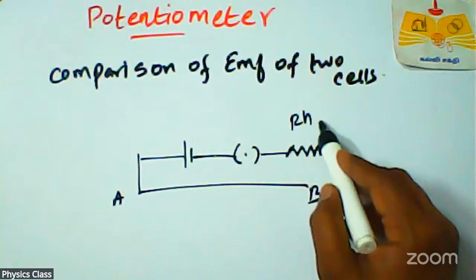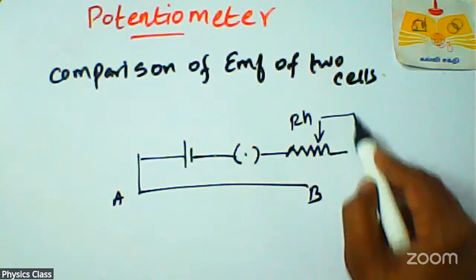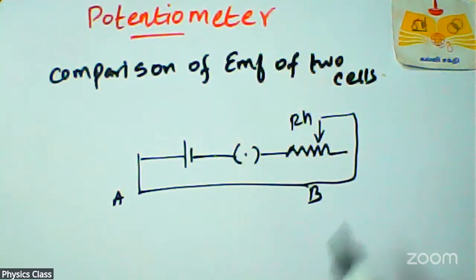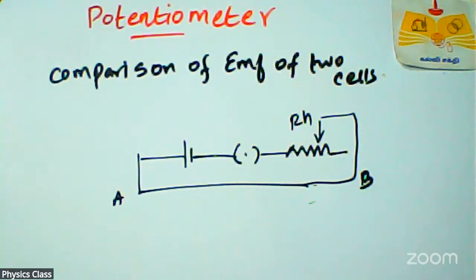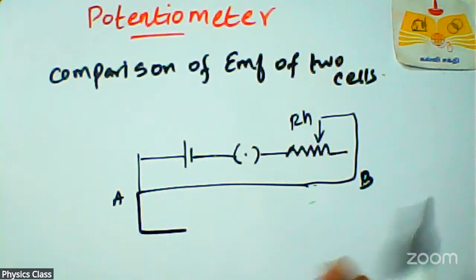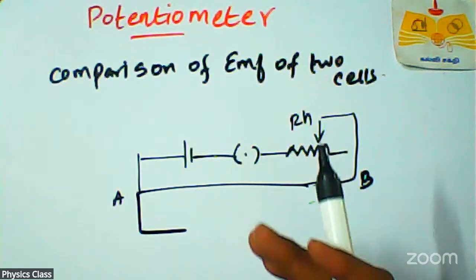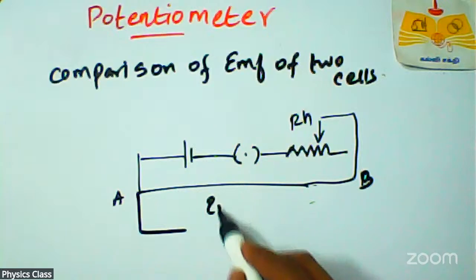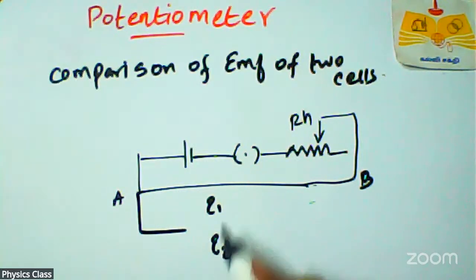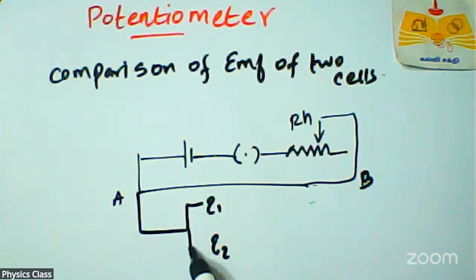Then the single EMF is replaced with two EMFs, E1 and E2, the EMF of the first cell and the EMF of the second cell, connected like that.